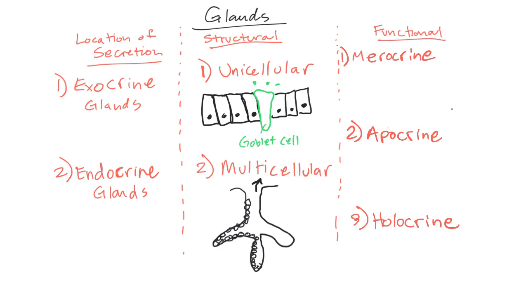So a merocrine gland is where the product is produced inside the cell and then released by exocytosis.